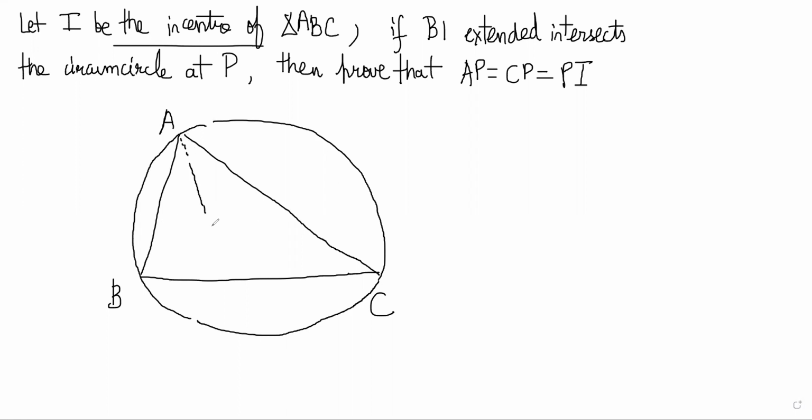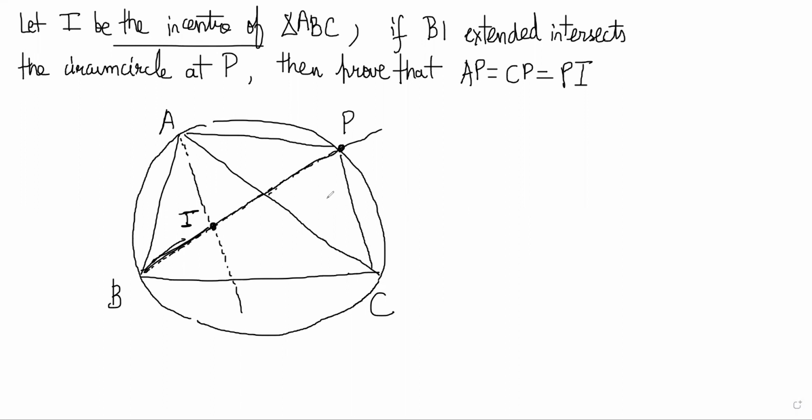One angle bisector like this and one like this. And this is my I, and the question is saying line BI is extended to meet the circumcircle at P, right? We have to prove that AP is equal to CP is equal to PI.